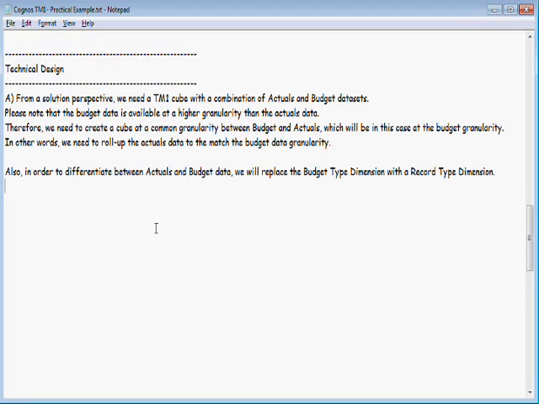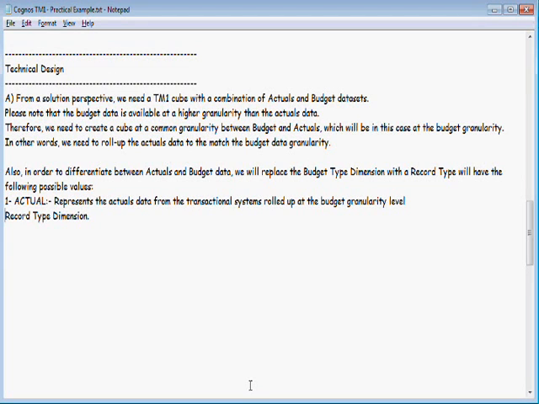From a solution perspective, we propose to add a field which will be a record type dimension, similar to the budget type dimension having max budget and min budget. But along with this max and minimum budget, we also have actuals as a record type, which indicates that it's the actual data coming in from the transactional systems. So the row which comes from the actuals database fact table would be stamped with record type as actuals.